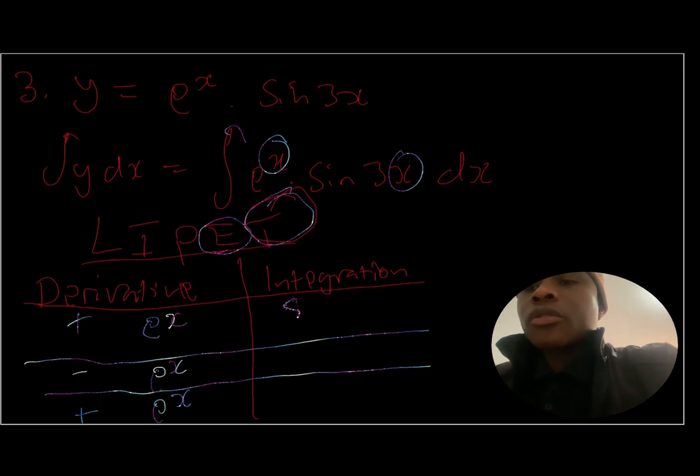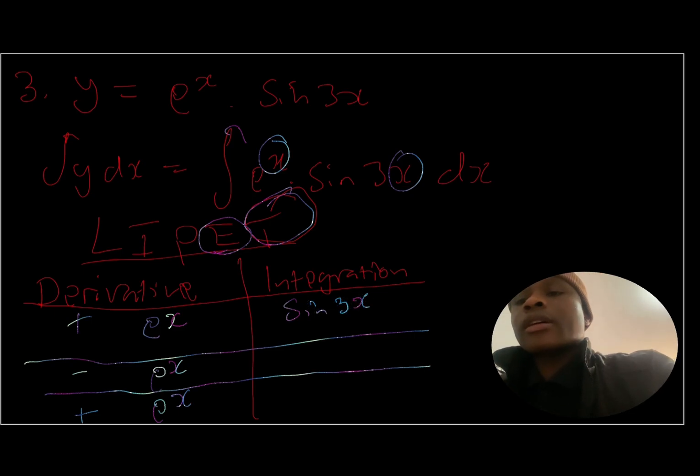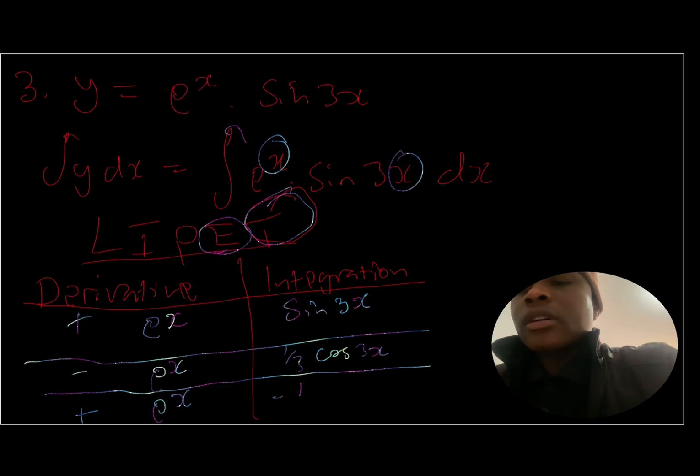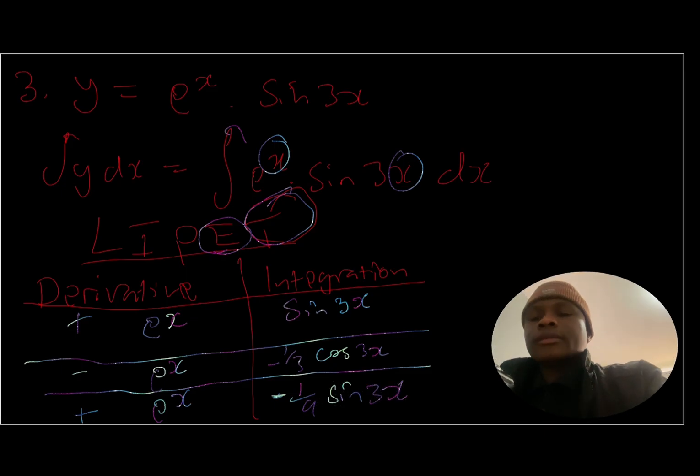Therefore, how are we going to integrate sine 3x? It will be negative 1 over 3 cos 3x. This one is negative, this one will be positive, negative also, negative 1 over 9 sine 3x, right?